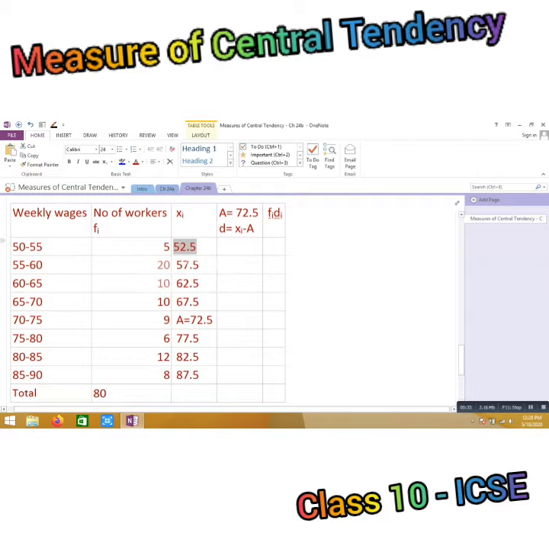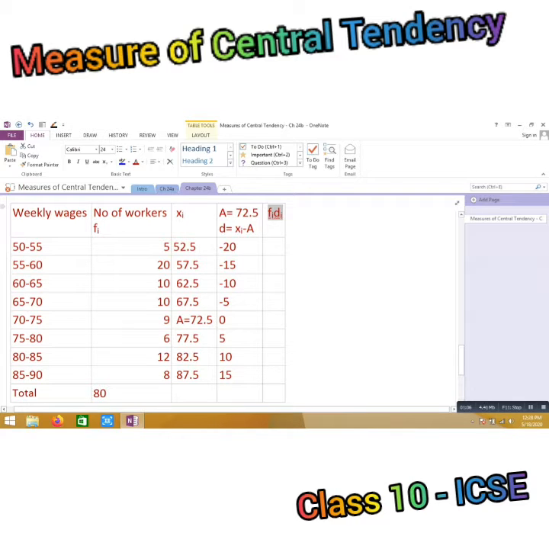The difference is 52.5 minus 72.5, that is minus 20. Then 57.5 minus 72.5, that is minus 10. Next it's minus 5, then 0, 72.5 minus 72.5, then 5, then plus 10, then plus 15.